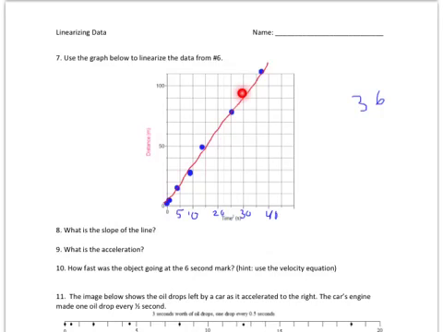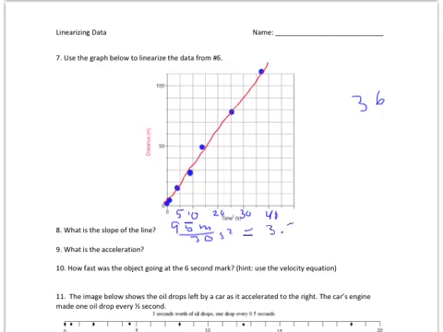I'm going to say that is, well, that's 95 and 30. So I'm going to say the slope is 95 meters divided by 30 seconds squared. Let's see what that is. Looks like it rounds to 3.2.